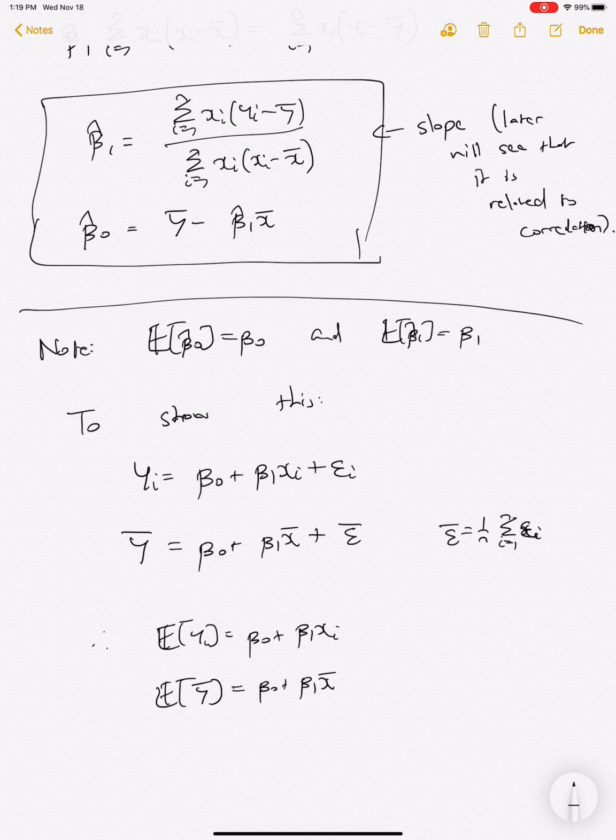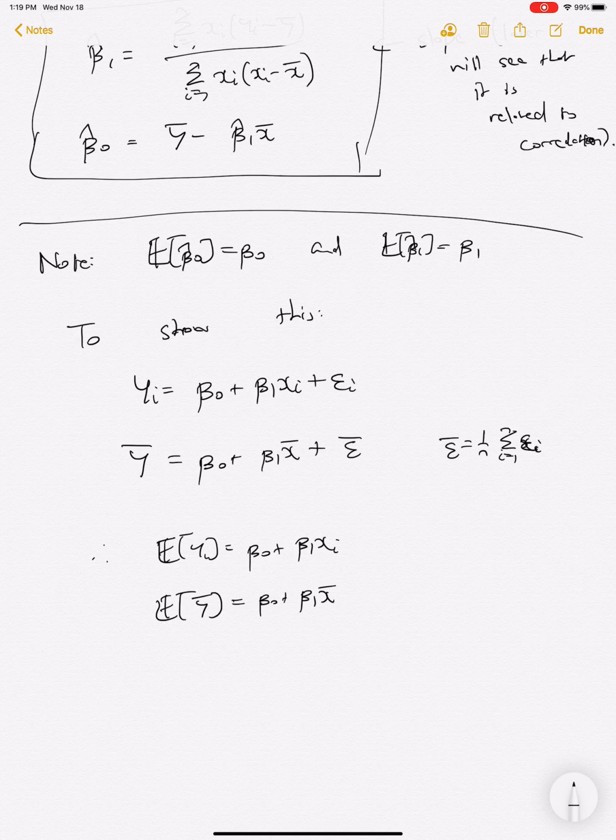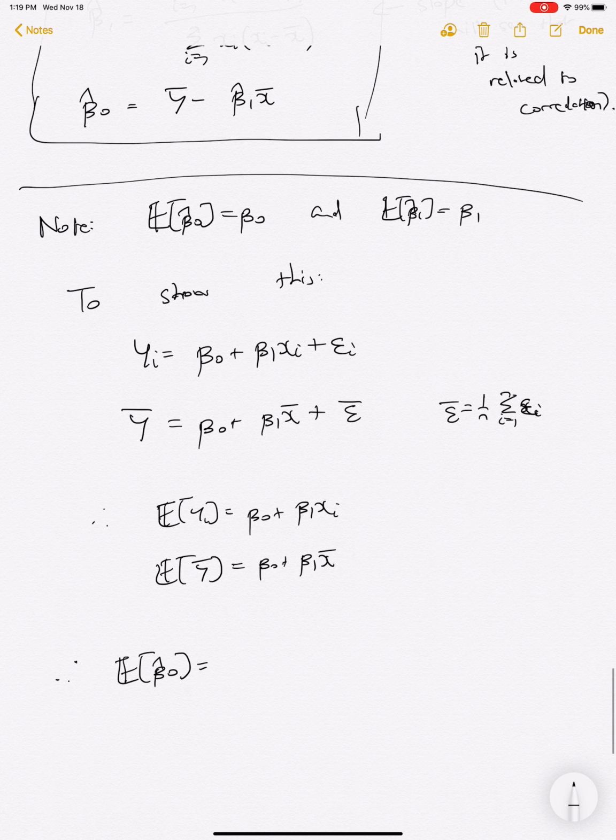So now let's plug that in. If we look at the expectation of beta hat 0, that's going to be equal to the expectation of y bar minus the expectation of beta hat 1 times x bar.